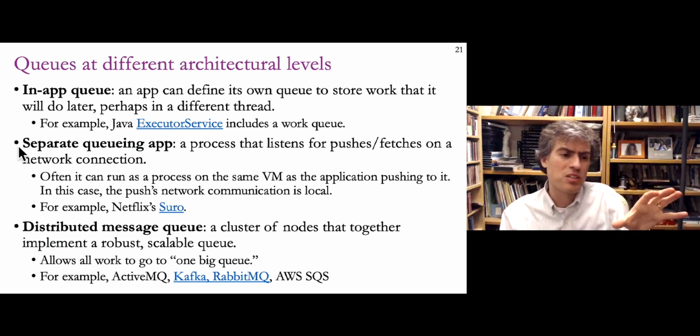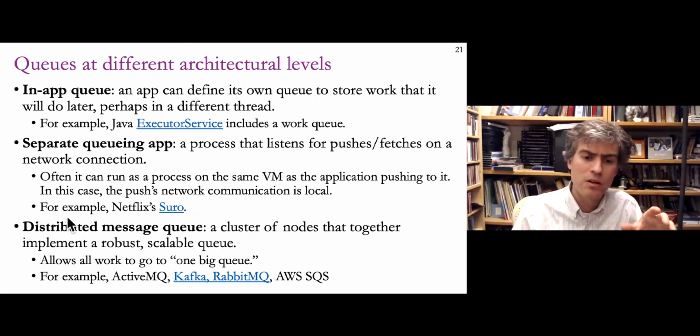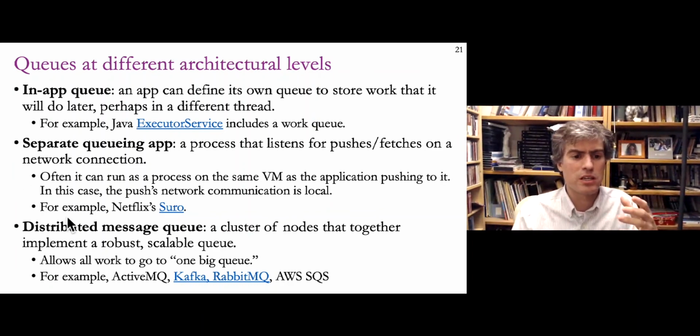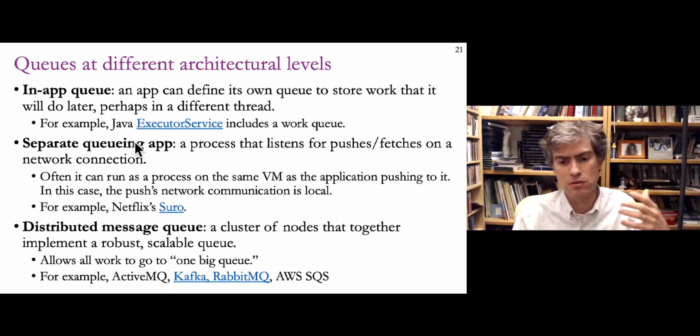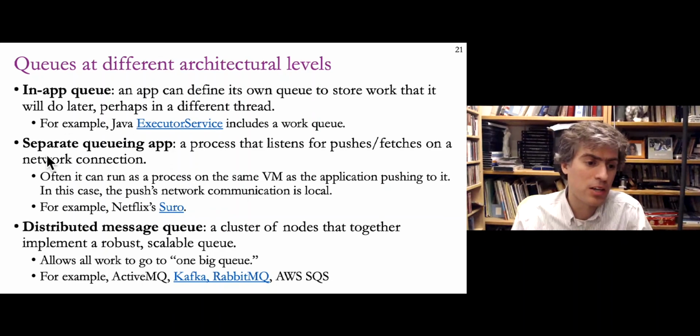There also is something a little bit bigger than that, which would be a separate queuing application. So on your virtual machine that's running, let's say you're using Java, your Java service, you might also have another application running on the same computer, on the same machine. For example, Suro, which is an open source project from Netflix that I worked a little bit on a few years ago.